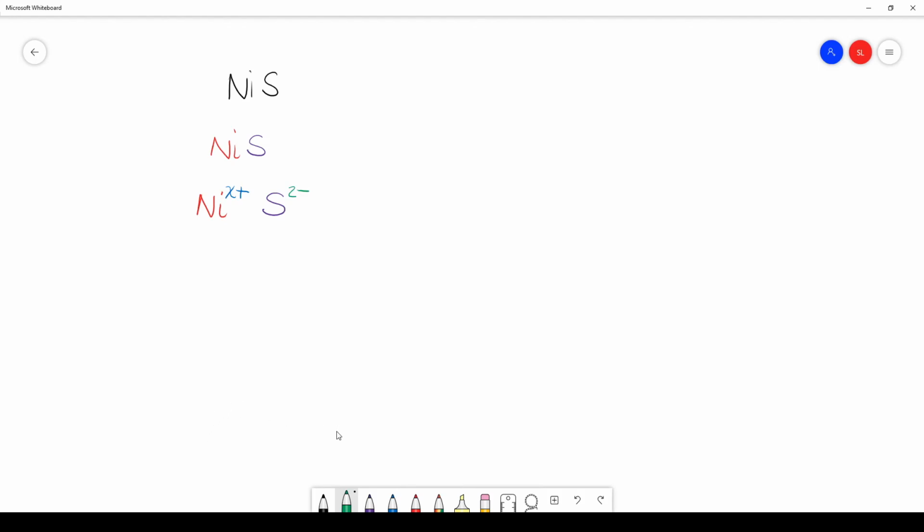So now I have to figure out what is the charge on the nickel, and we do this mathematically. The sum of the charges has to equal 0, and it doesn't matter if I start with the cation part or the anion part. I just have to connect them correctly. If I look back at my original chemical formula, my subscripts were 1s: a subscript of 1 attached to the nickel and a subscript of 1 attached to the sulfur.